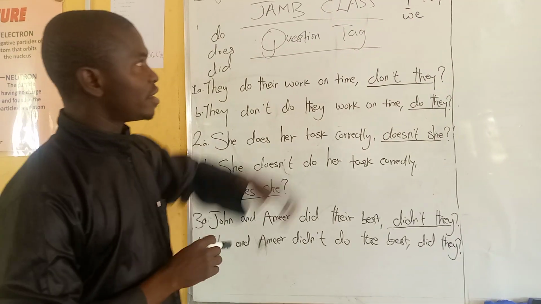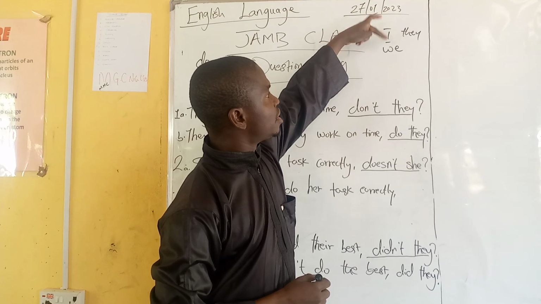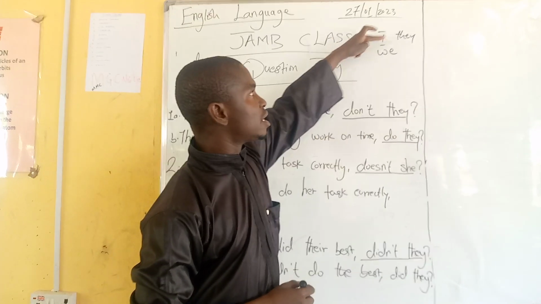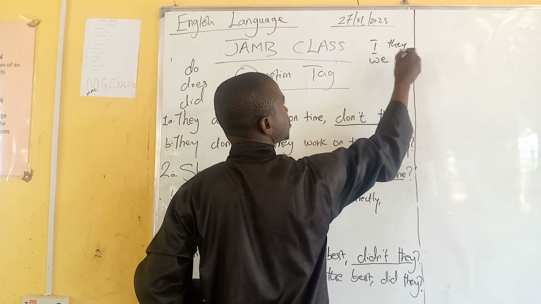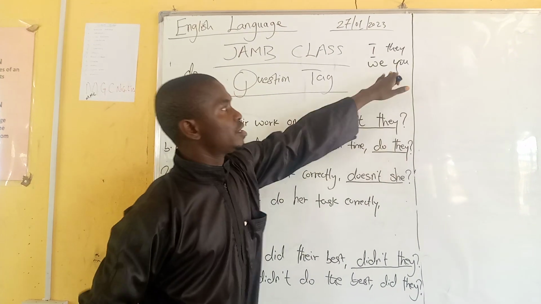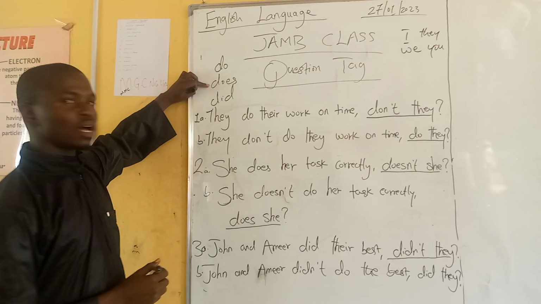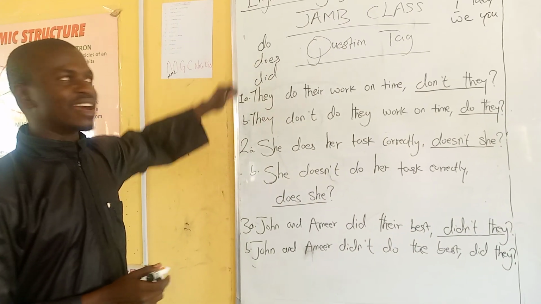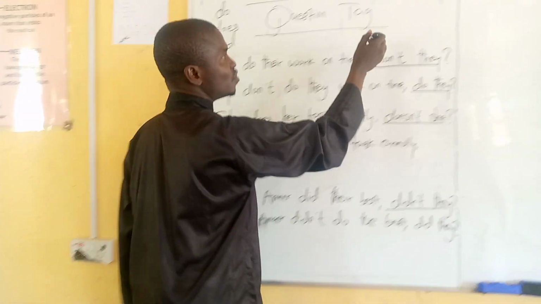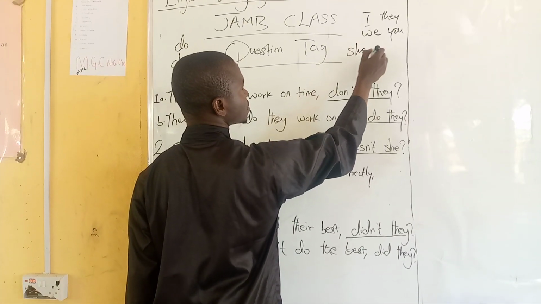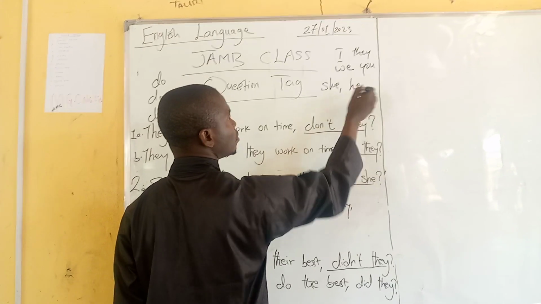Are we together? First person singular, first person plural, third person plural, and then second person singular or plural, you.